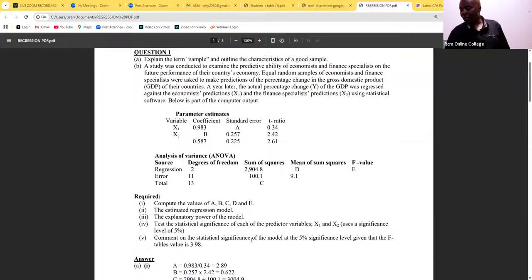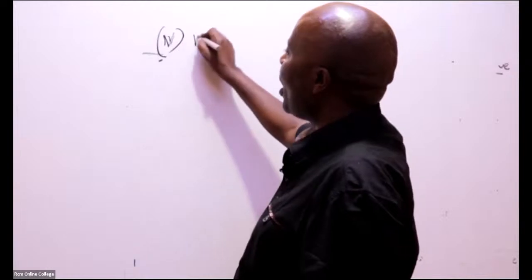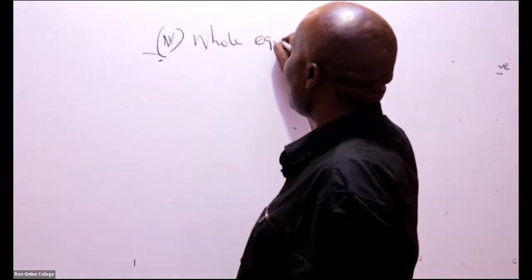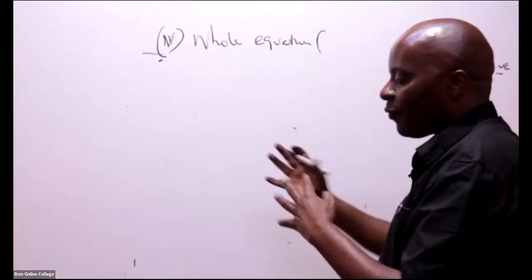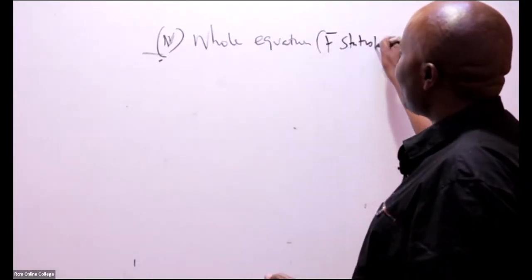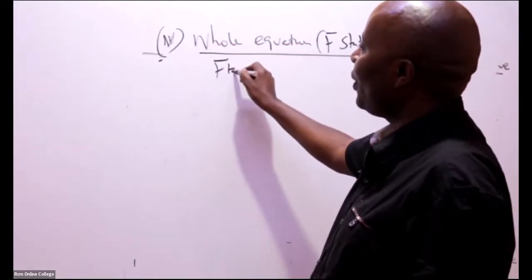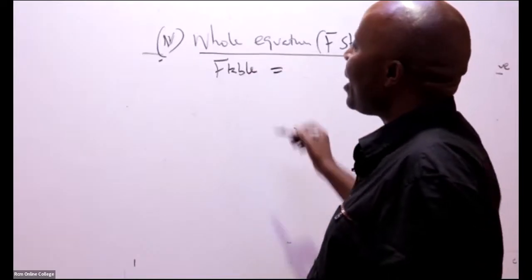So you can see here, comment on the statistical significance of the model at the 5% significance level, given that the F table's value is 3.98. Now, in this case here, we are looking at a whole equation, number 5 actually. The whole equation, you do the F comparisons. So in this case here, it is the F statistics, where you start with the F table.